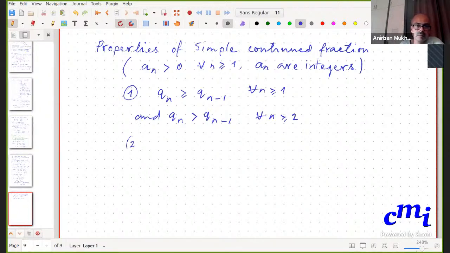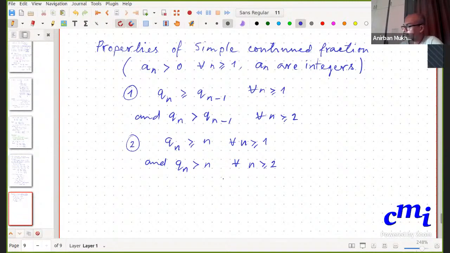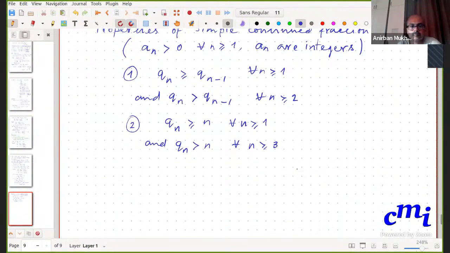The second one is essentially a consequence of this: Qn is greater than or equal to n for all n greater than or equal to 1. And again, strict inequality for n greater than or equal to 3 in this case.